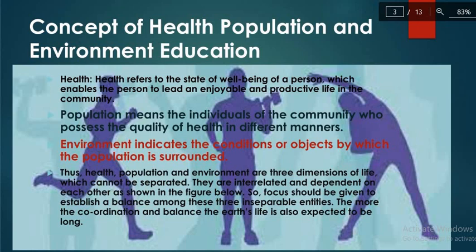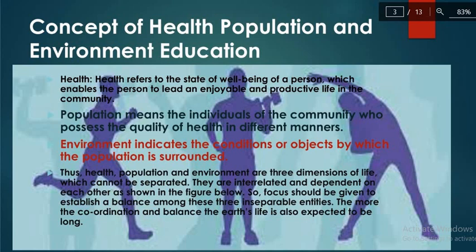Thus, health, population, and environment are three dimensions of life which cannot be separated. They are interrelated and dependent on each other as shown in the figure below. So focus should be given to establish a balance among these three inseparable entities.